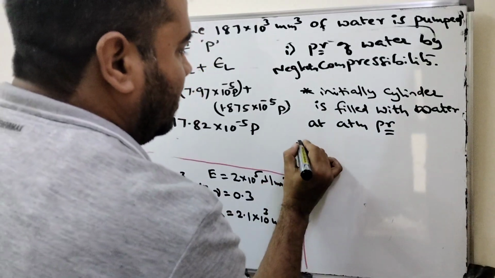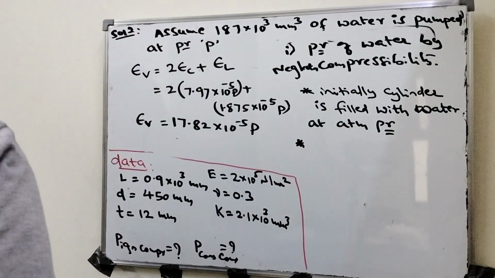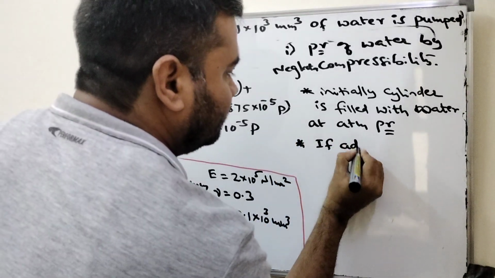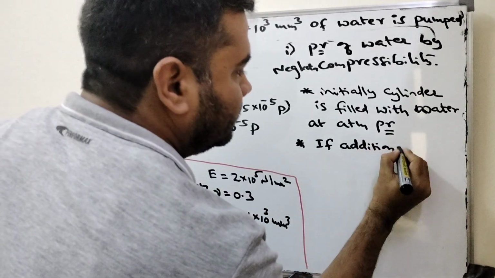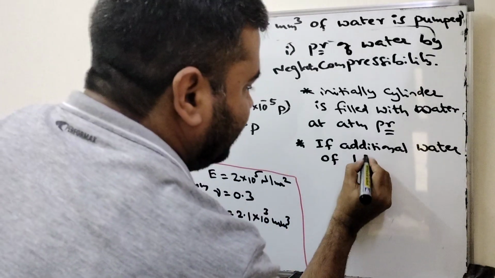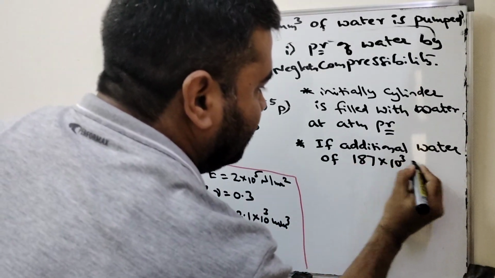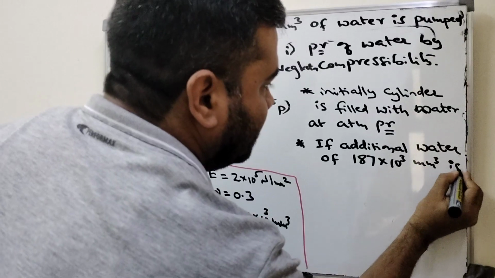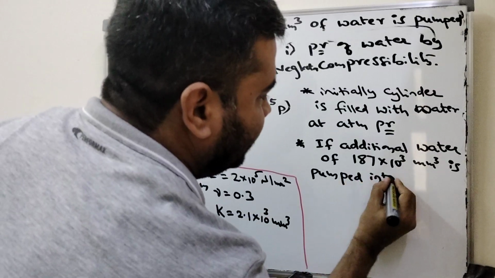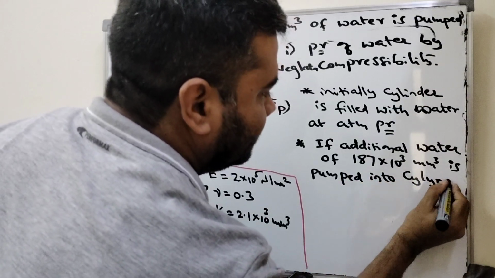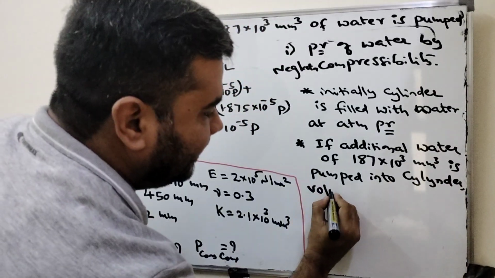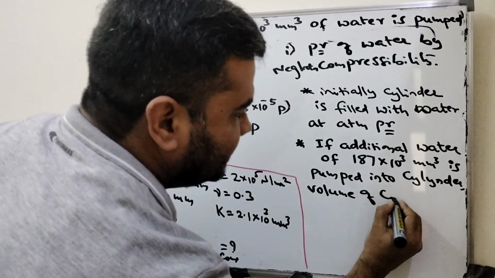When we supply extra water, that is additional water, if additional water of 187 into 10 raised to 3 mm cube is pumped into the cylinder, the volume of the cylinder is increased, right?